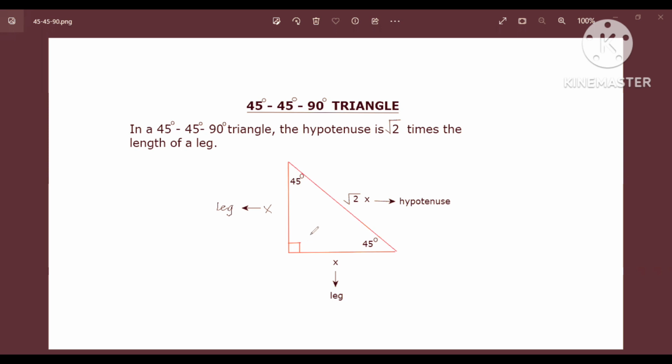So this is actually an isosceles right triangle, no? Why isosceles? Because the two legs are congruent, no? So, ang sinasabi lang sa theorem, whatever is the length of a leg, yung length ng hypotenuse, multiply lang natin by square root of 2, yun na yun. Okay? So, square root of 2 times x. Okay, so let's have example.